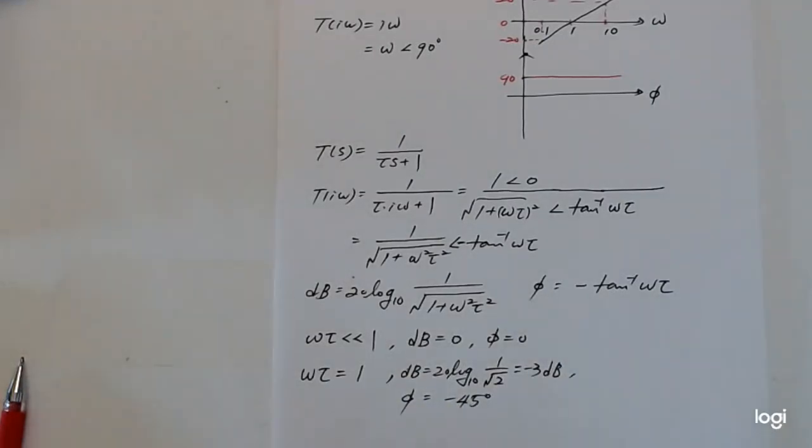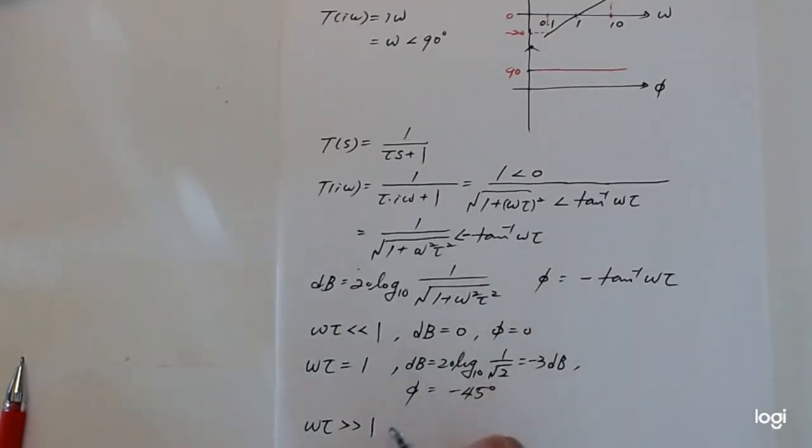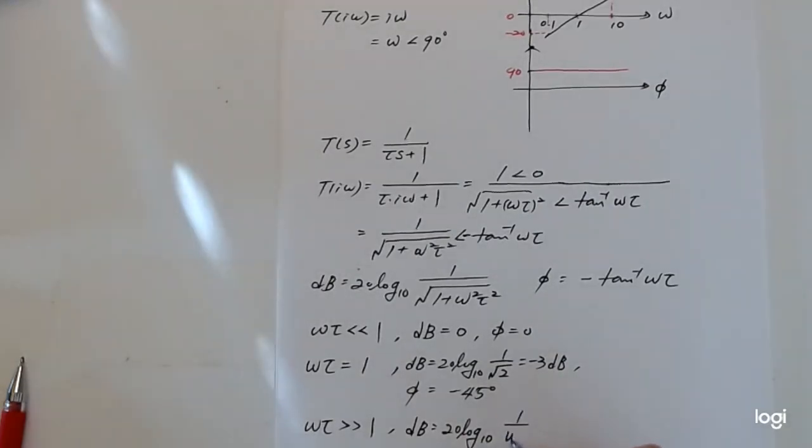What happens when omega tau is much greater than 1? In that case, the 1 goes away, and your dB becomes 20 log 10 of 1 over omega tau.